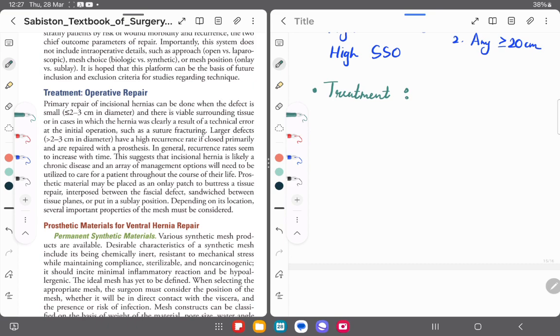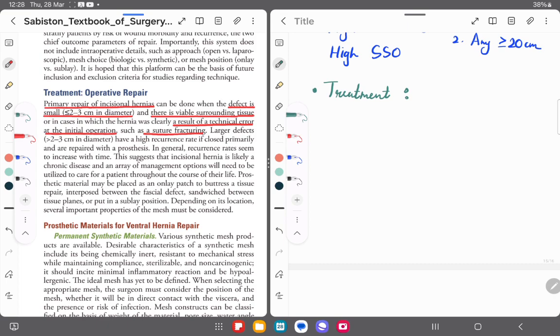So primary repair of incisional hernias can be done when the defect is small, less than or equal to 2 to 3 cm in diameter, and there is a viable surrounding tissue, or in cases in which the hernia was clearly a result of technical error at the initial operation, such as a suture fracturing.